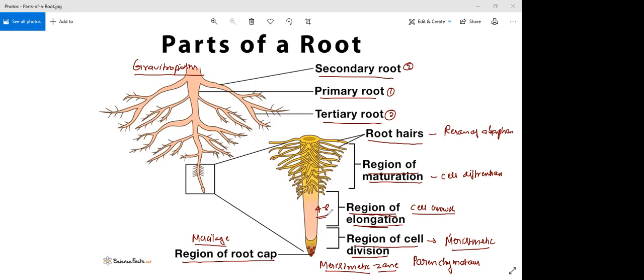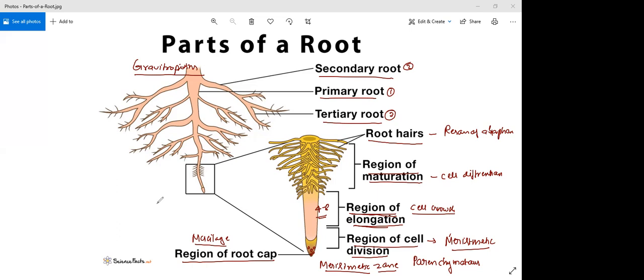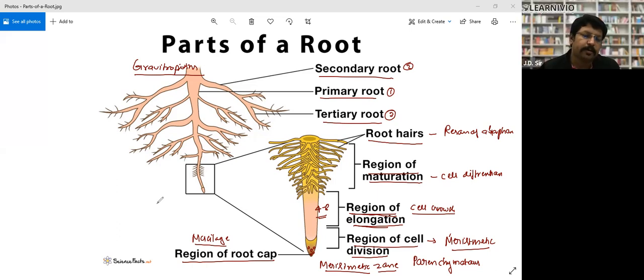The cells of this region lose the power of division, meaning they cannot divide.